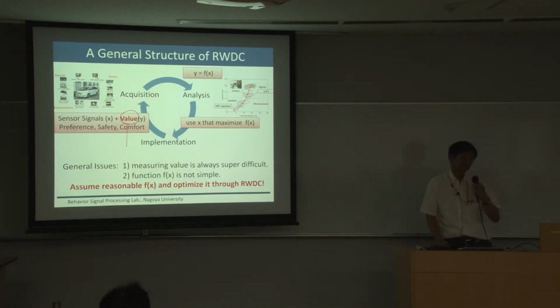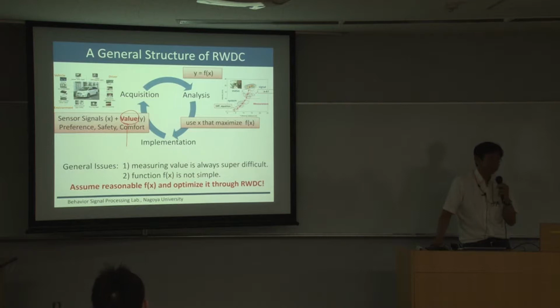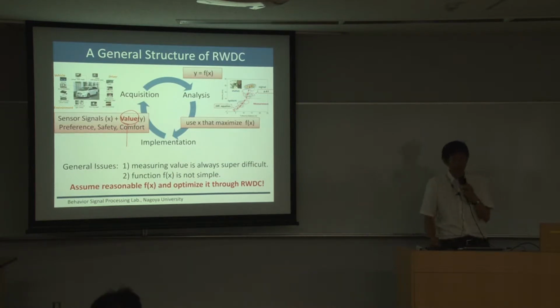Of course, there is an argument: what is the value of driving? Because for some people, driving itself could be fun, and they like to drive. For some people, safety is the most crucial interest.